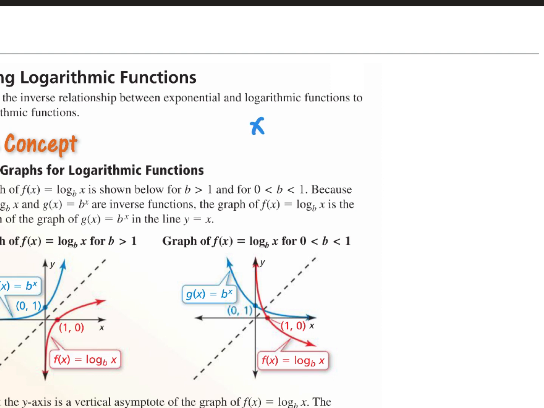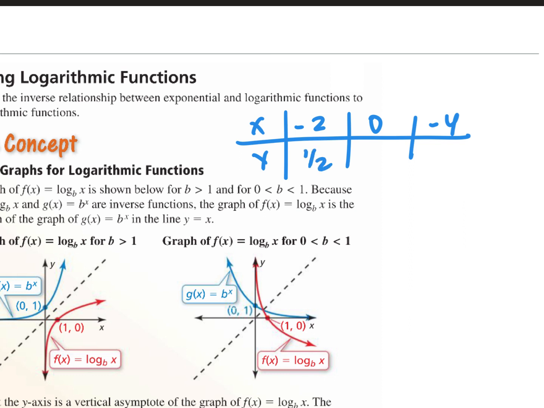Say I have a domain and I have a range. I have x values and I have y values. So I have, I don't know, -2, 0, -4, and I get out 1/2, 4, and 9/2, whatever. Okay, this is my exponential function.